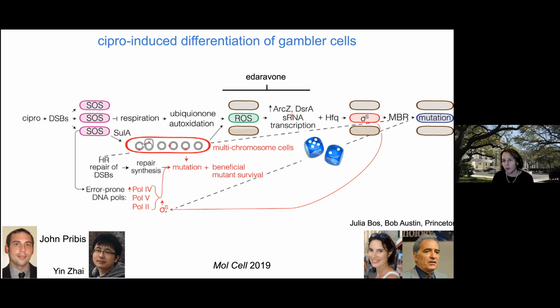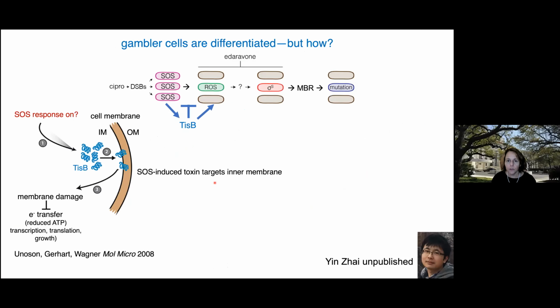So the interesting work of Yin's was that, I don't know if I can go back just to show you this protein. Yin looked at a protein called TSB, and TSB is an SOS-induced toxin, like part of a toxin-antitoxin system. It embeds itself in the membrane and disrupts the membrane.